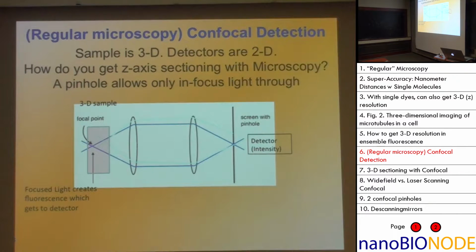Okay? And what about this guy? This is off axis. How do you determine where this guy will be focused? Same displacement.